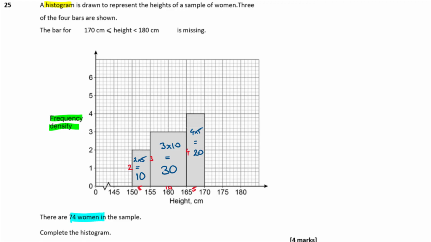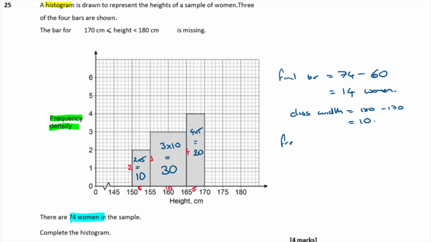Now we were told that there are 74 women in this histogram, so the final bar is going to represent 74 minus the 60 women we've already assigned, so it's going to represent 14 women. Then the bar goes from 170 to 180, so the class width is 180 minus 170, which is 10.